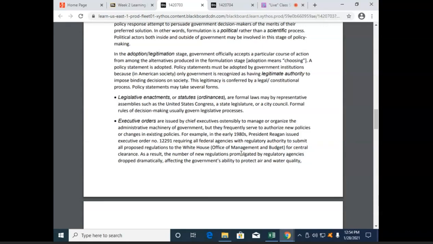In this stage of the policymaking process, the actual act of adopting is the exclusive territory, domain, purview, prerogative, however you want to think of that, of government. I just told you a couple of minutes ago that in agenda setting and formulation, just about anybody can be involved. Anybody can identify problems, both inside and outside of government. Theoretically, anyone can formulate alternatives inside or outside of government. But when it comes to this stage of the process, it's only government.